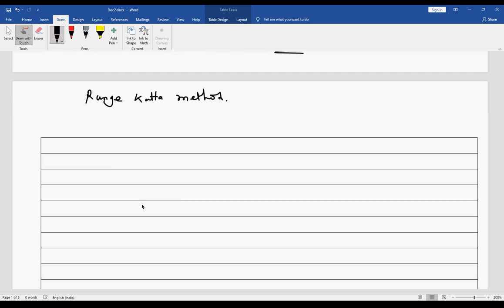Okay, so again, this is my solution. This is my initial value x0, this is the value y0, and this is basically y is equal to phi of x.